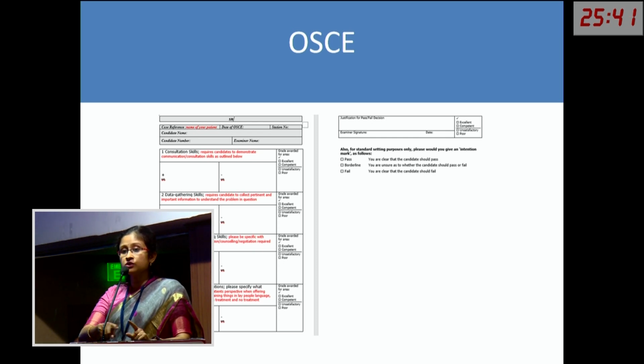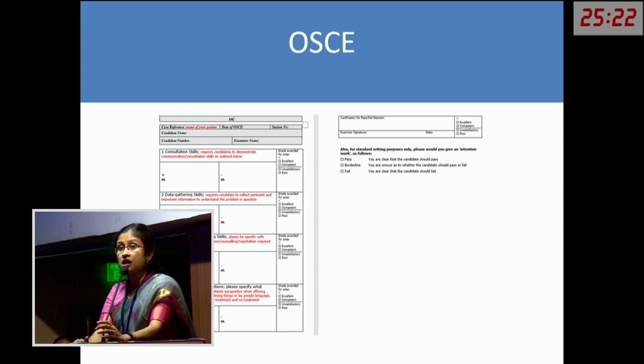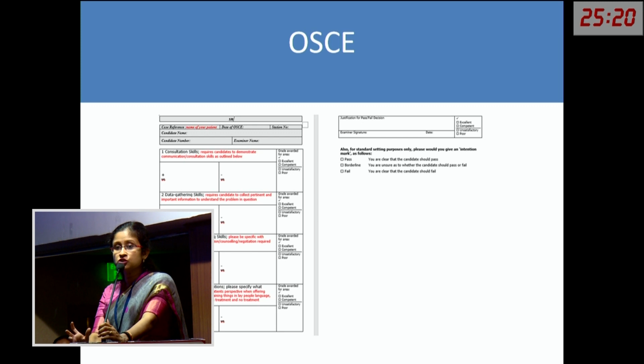They are given a script, and they prepare accordingly, and they will be giving you signs and signals. Only when you examine that particular relevant part or system will you be given the examination findings by the examiner. That is a recent change which has been made. Initially, there was an examination card.